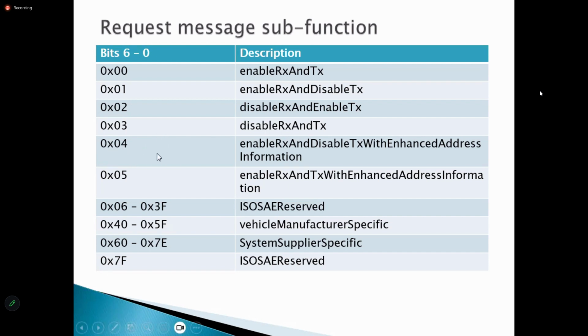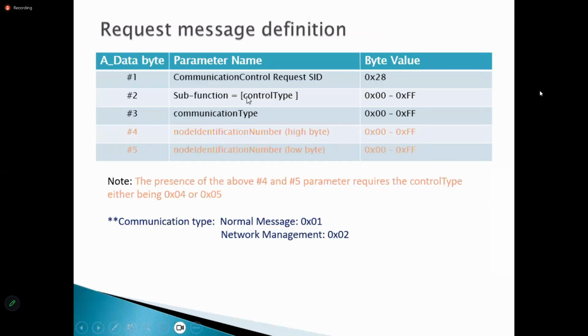See, this 04 is used for enable Rx and disable Tx with enhanced address information. So this is used if we have the 4th and 5th byte, then only that sub function will be used.